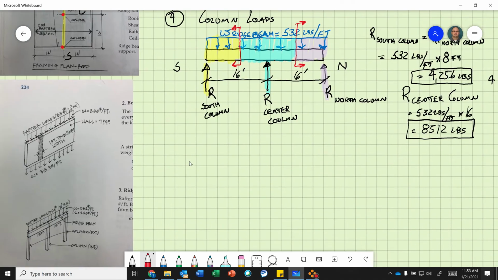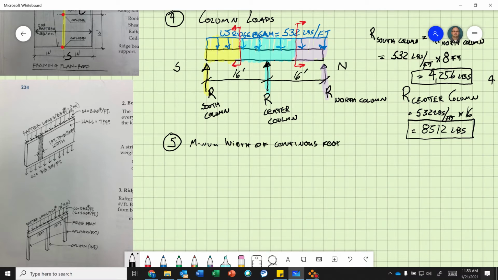Question 5 is: determine minimum width of continuous foundation. Minimum width of continuous footings.